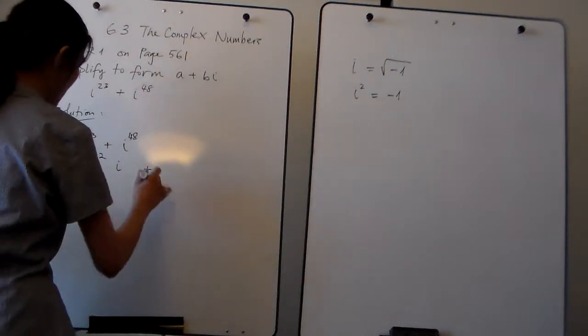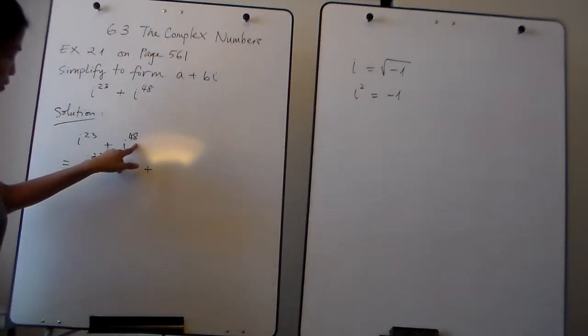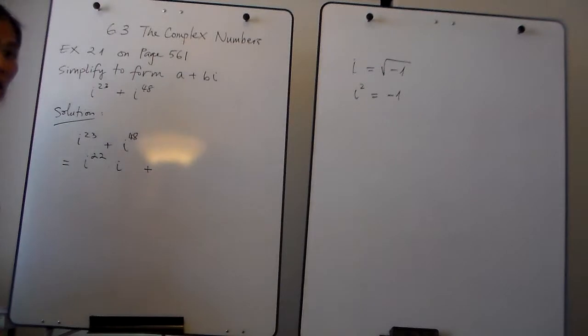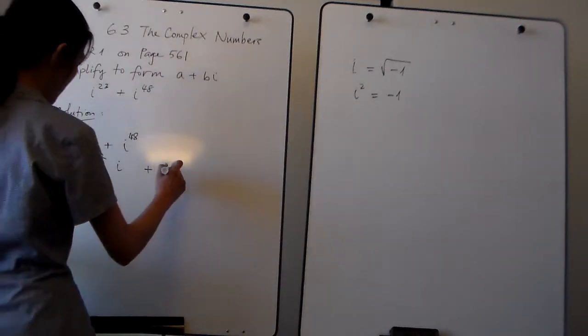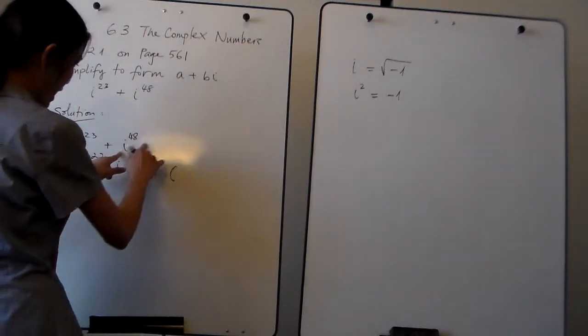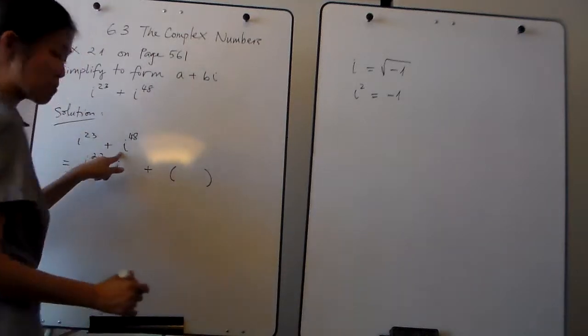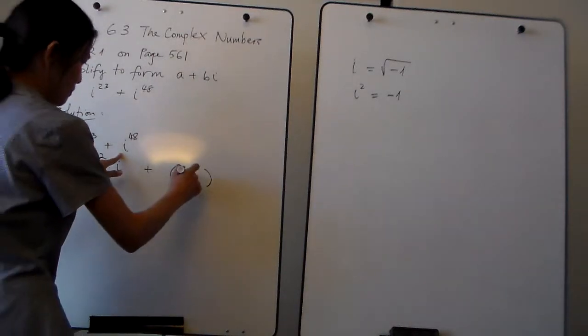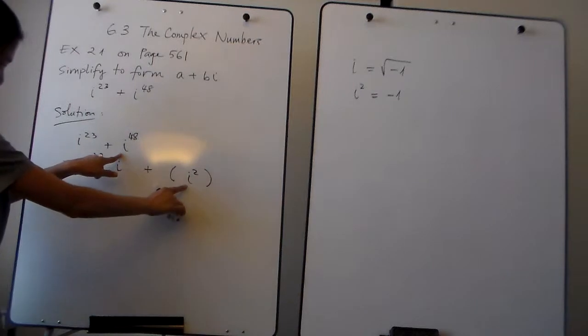Since the exponent 48 is even, which is good, you don't have to split it. All you need to do is rewrite i to the 48th in terms of i squared.